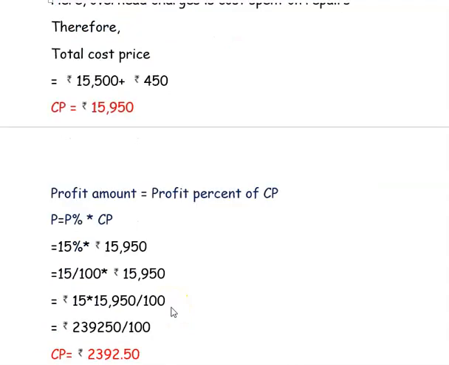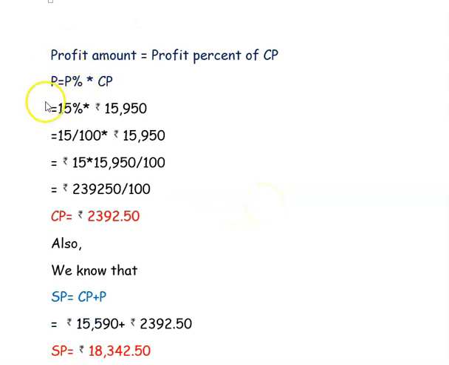Now it is given profit 15%. So we want to find the profit amount. Profit amount is equal to profit percent of CP. This is the formula. So that is P equal to P percent of, which in mathematical terms is into CP. So 15% into rupees 15,950. 15% can be written as 15 divided by 100 into rupees 15,950.